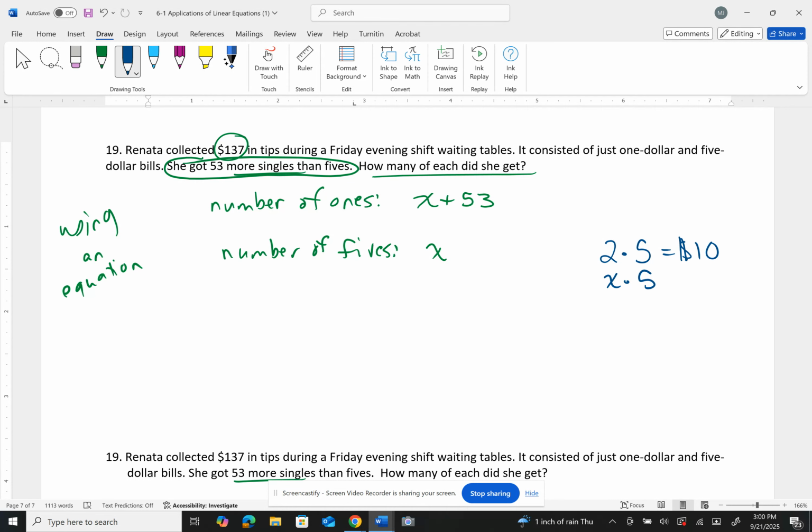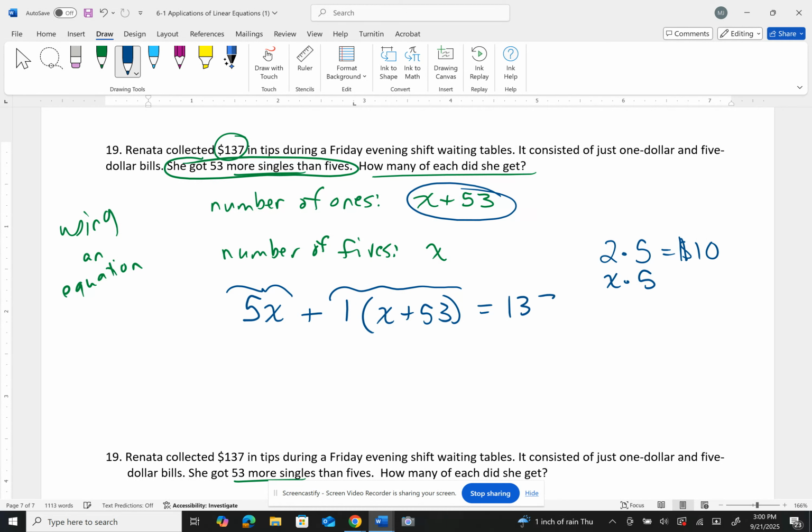So my equation's going to come from taking 5 times X. That's how much the $5 bills would be worth. And then adding to that the fact that X plus 53 is the number of ones, and they're only worth $1. So that would be what the ones would be worth, and I know altogether it should be $137.